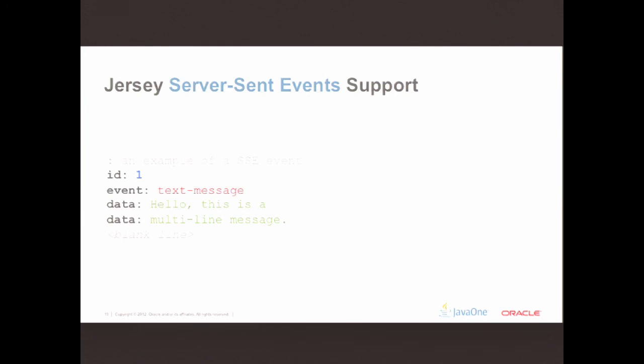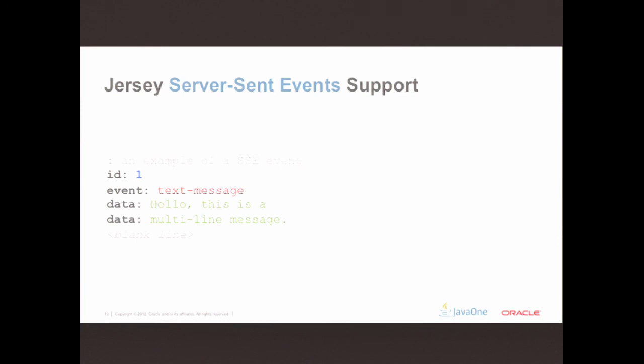This is how an SSE message may look like. There is a command, and there is some ID. It's optional. Then again, event. It's some arbitrary event name, which is also optional, and then some data, which is not optional, separated by a blank line, and then you can have another SSE event. So basically, except for data, everything else is optional.